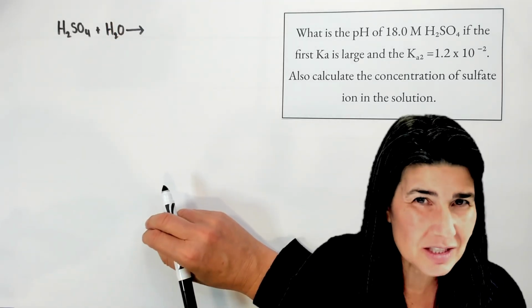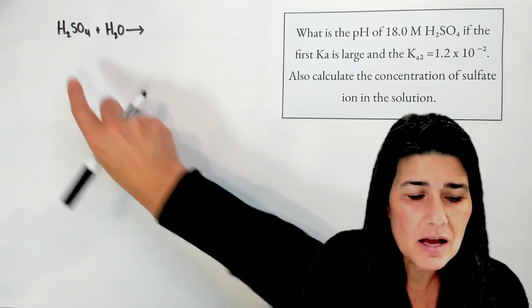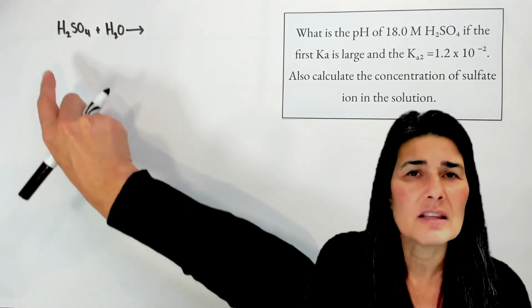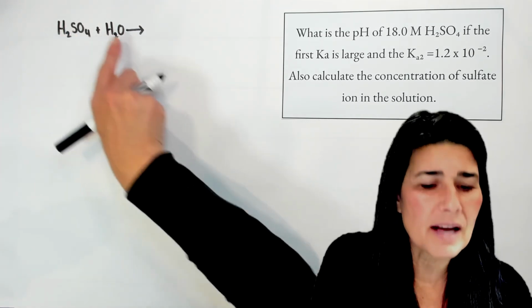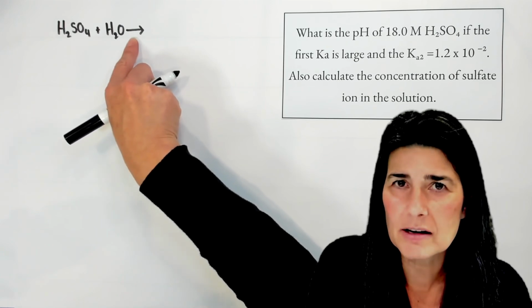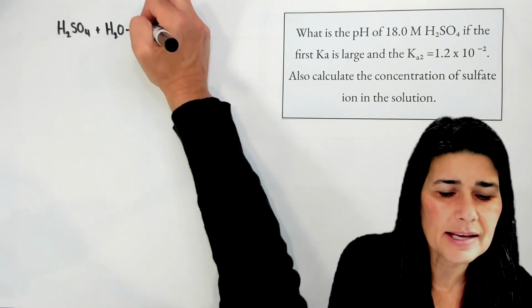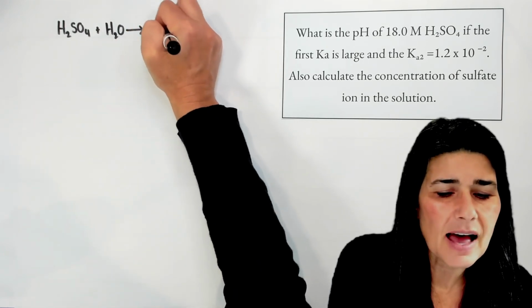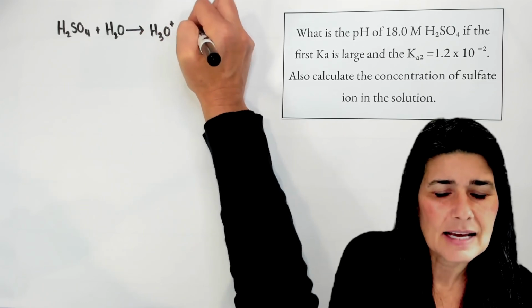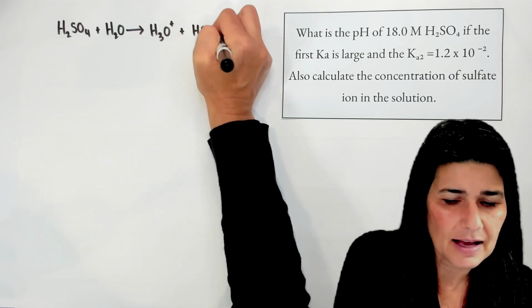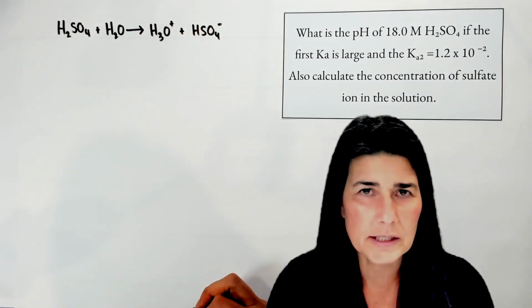But which dissociation 100%? Only the first H. The first H will 100%, one-way arrow, come off, go onto the water to make hydronium and the bisulfate ion, HSO4 minus.